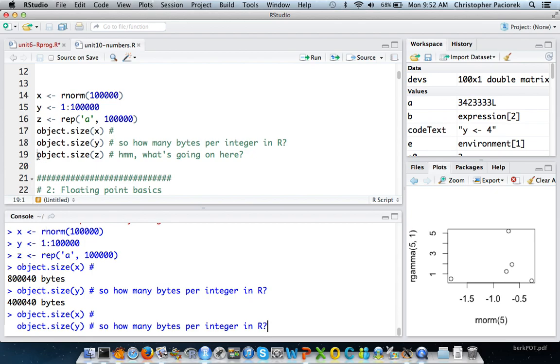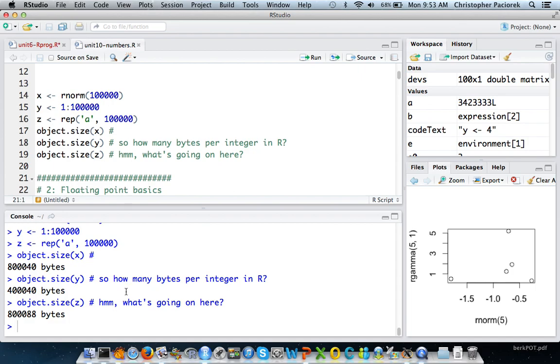So if we look at character strings, it's interesting. We can see that this z, which is the same length as the vector of doubles, is also being stored, it seems, as 8 bytes per value. Any thoughts as to what could get more funky with character strings?